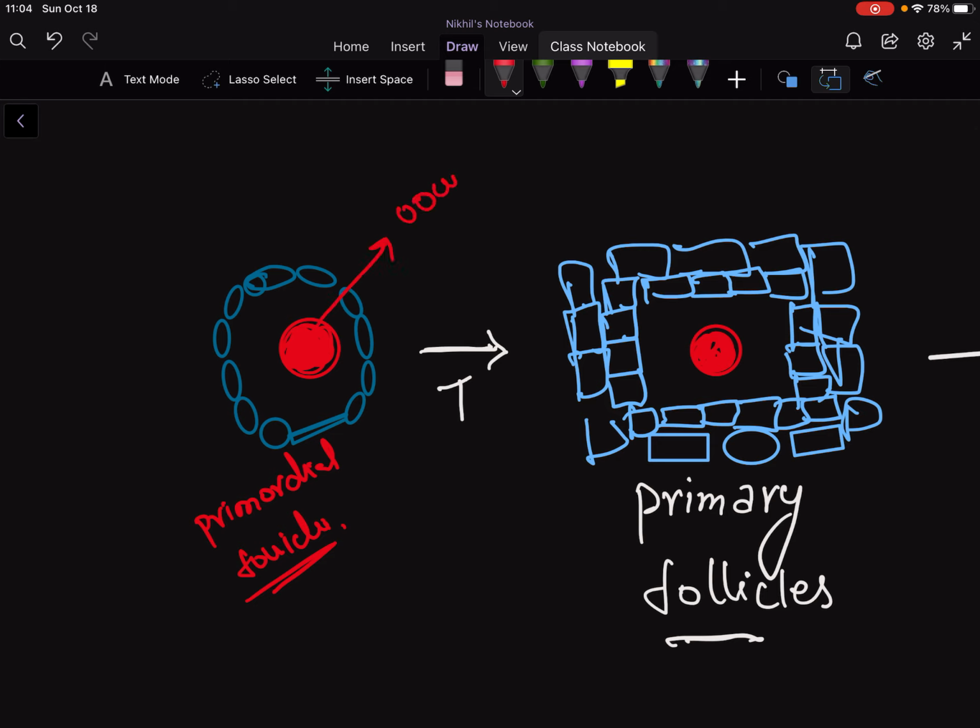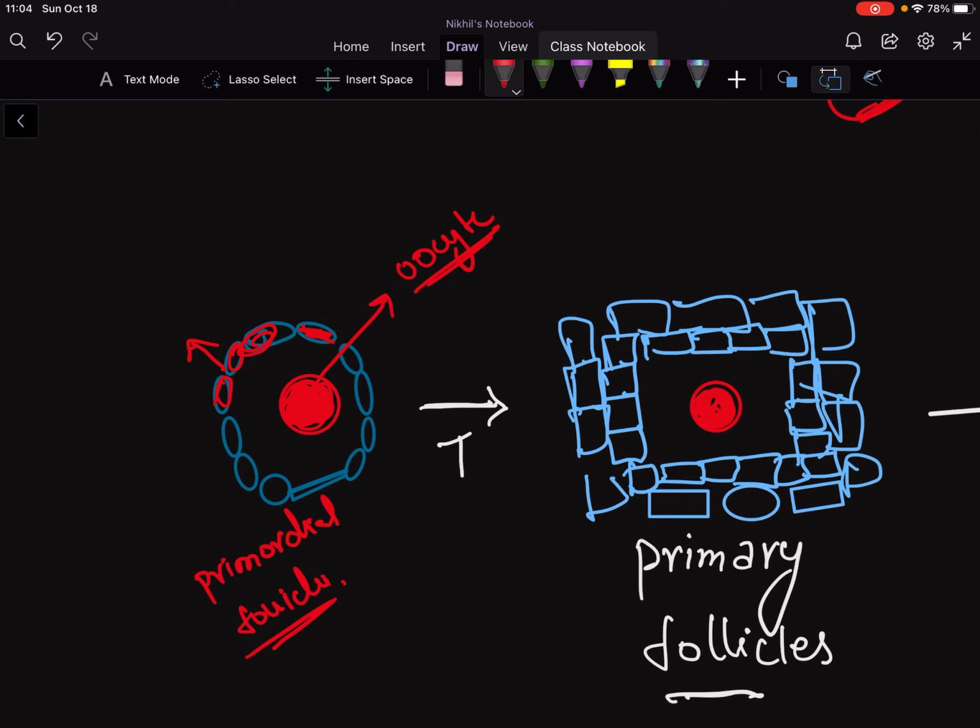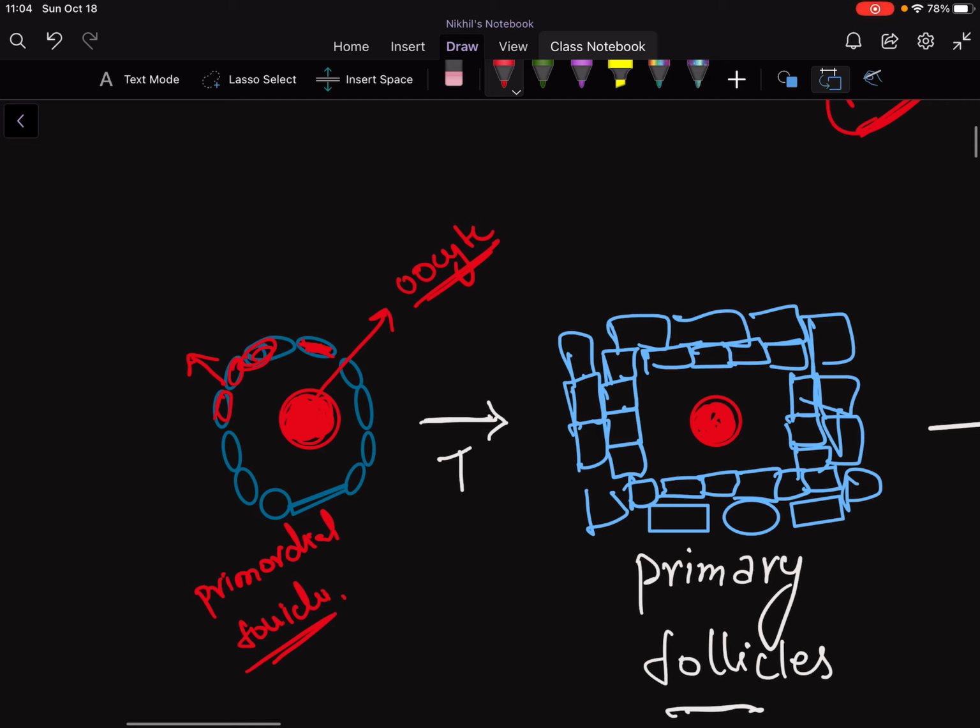One is the oocyte in the middle, where the sperm will finally attach, and these are flat. As you can see, the cells are very flat, not circular, they are flat. Sorry for my poor drawing. Okay, so these are flat type of follicular cells.